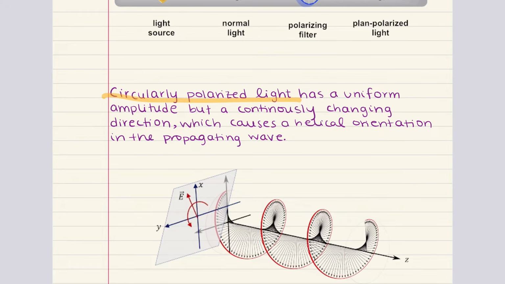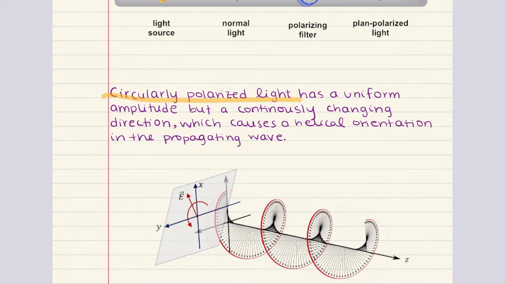This effect is created by combining two plane polarized waves that are perpendicular to each other, but out of phase by a quarter wavelength, so 90 degrees. As a result, the electric field vector appears to rotate, creating this helical shape along the direction of travel.